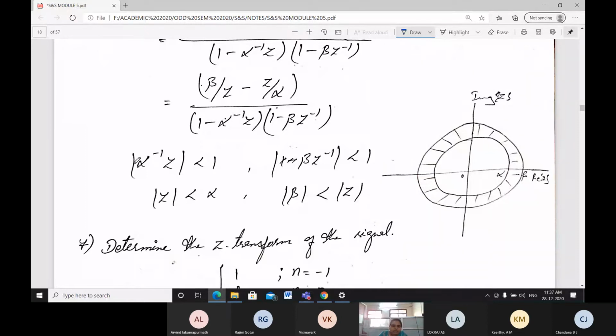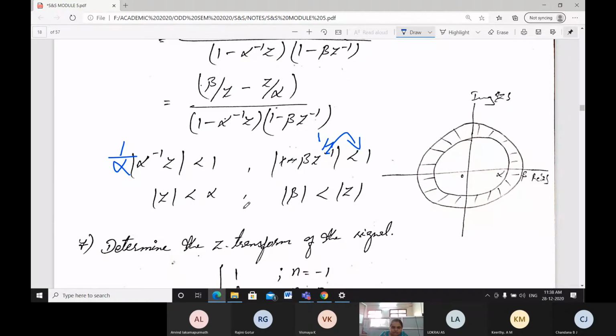Then this alpha raised to minus 1 I can write as 1 divided by alpha. Therefore, mod of z is less than alpha, and here I can write z inverse as 1 by z. Therefore, mod of beta is less than mod of z.